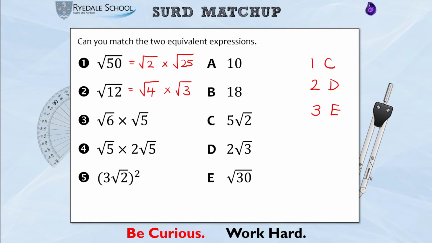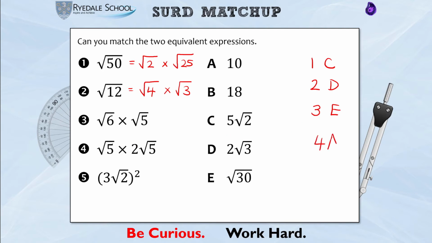Well, you might recall if you take root 5 and times it by itself, that would be root 25 or 5. So when you square a root, you end up with the same number under the root. But this isn't root 5 times root 5, it's root 5 times 2 root 5. So root 5 times root 5 is 5, and times it by another 2 is 10.